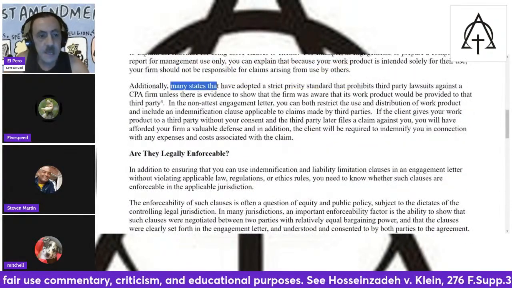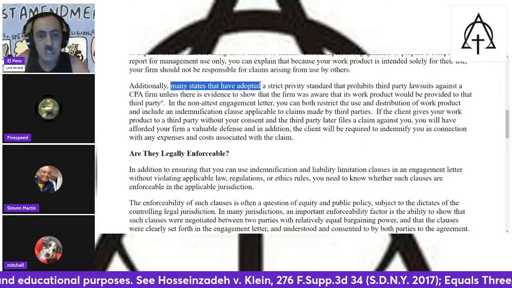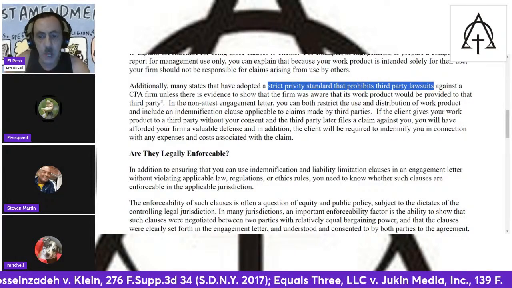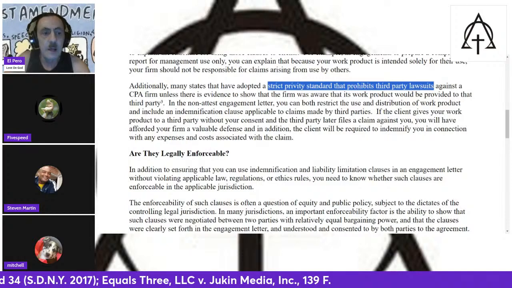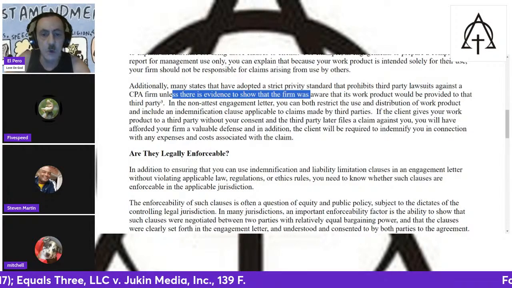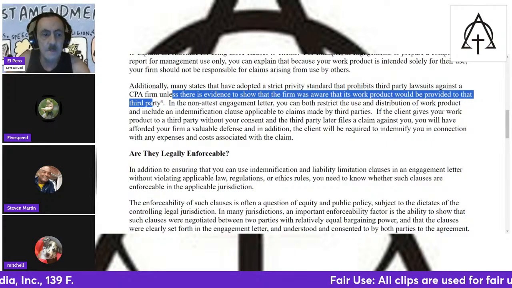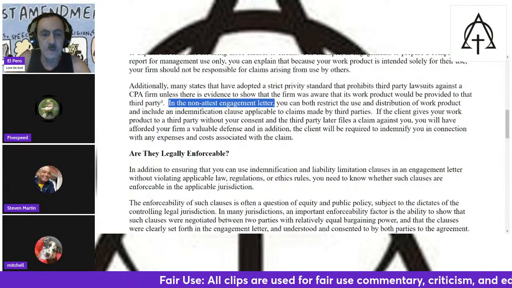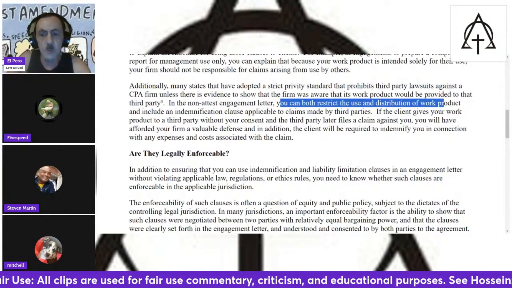Additionally, many states that have adopted, again, there's that term, adopted, a strict privity standard that prohibits third-party lawsuits against a CPA firm unless there's evidence to show that the firm was aware that its work product would be provided to that third party. In the non-attest engagement letter, you can both restrict the use and distribution of work product.